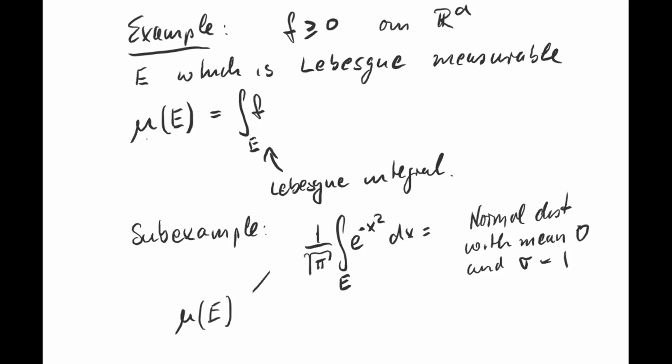So mu of E is the standard normal distribution. And that's a perfectly good measure. And it's also what's called a probability measure.